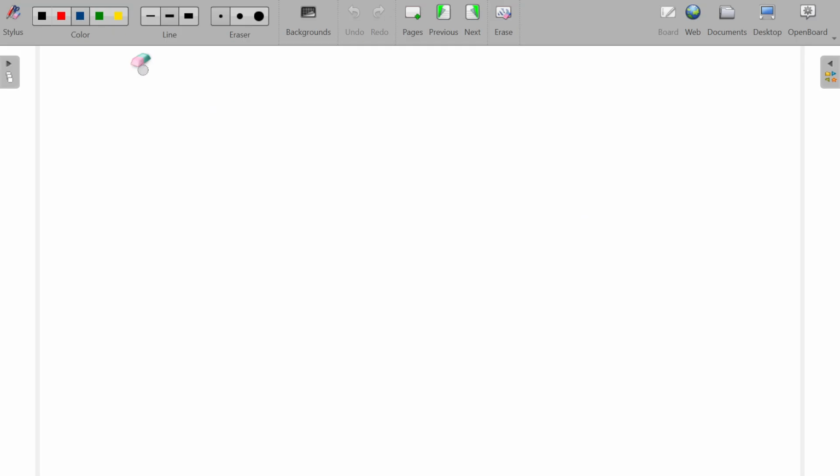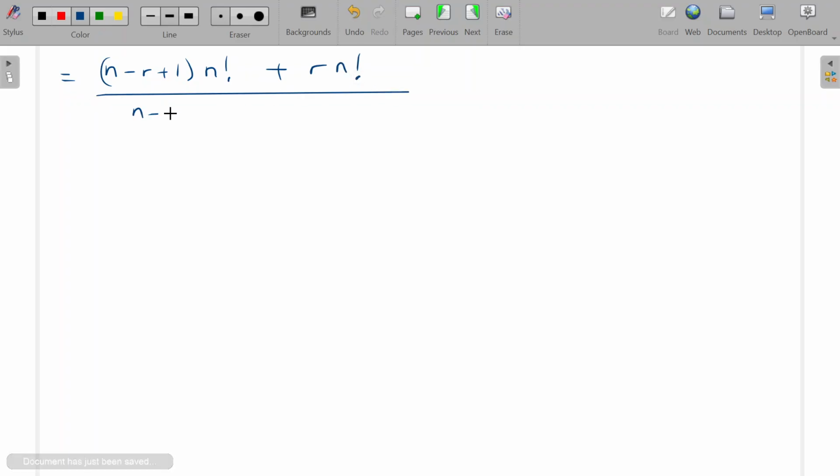So let me just write it here. We have n minus r plus 1 multiplying with the n factorial, then plus r n factorial over n minus r plus 1 factorial r factorial.